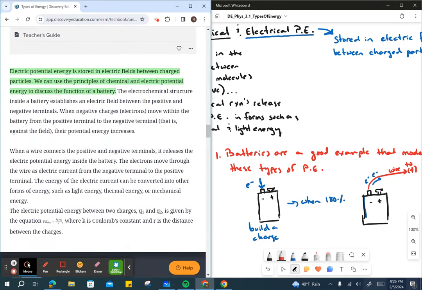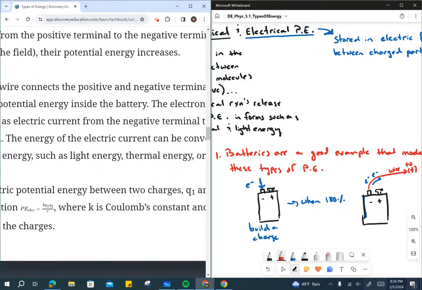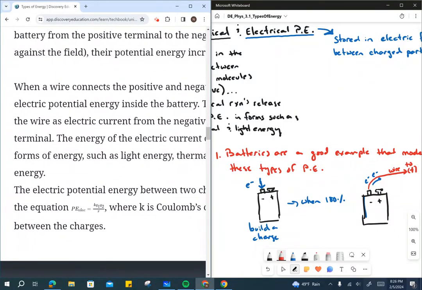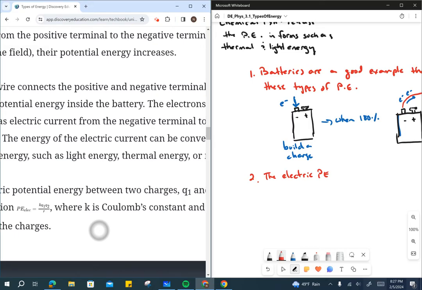So anyway, read about this. But they do give an equation here. And so we probably want to write that down. Number 2. The electric potential energy between two charges.